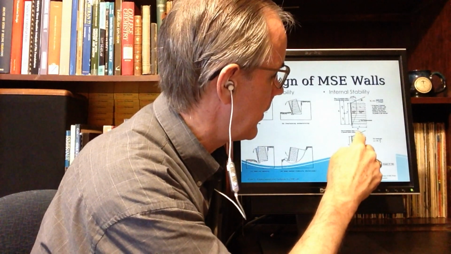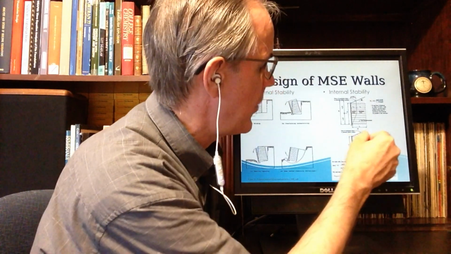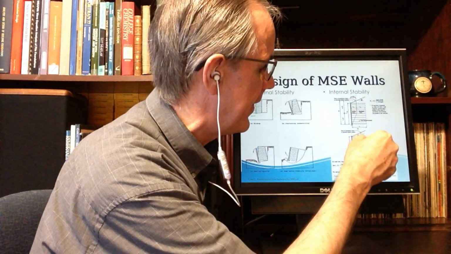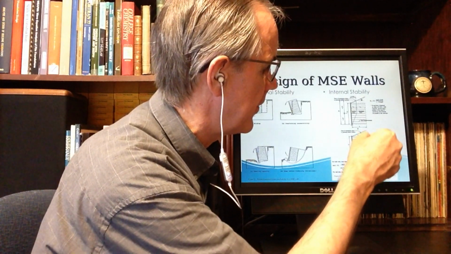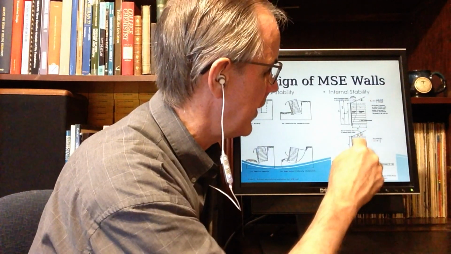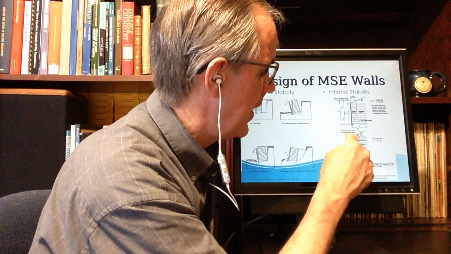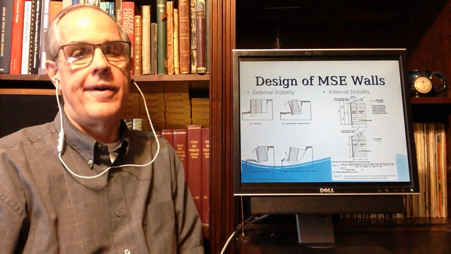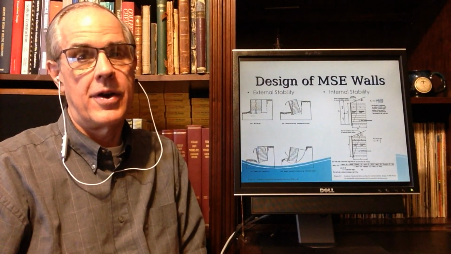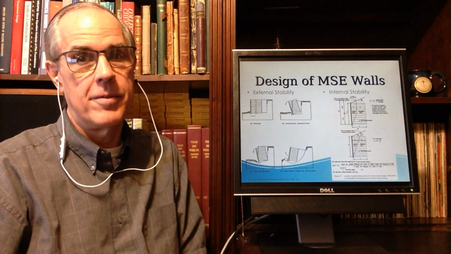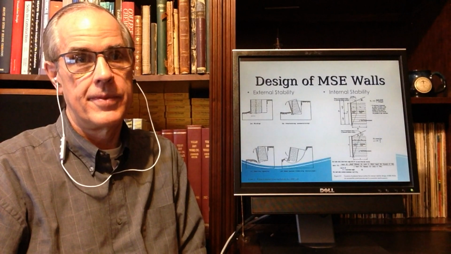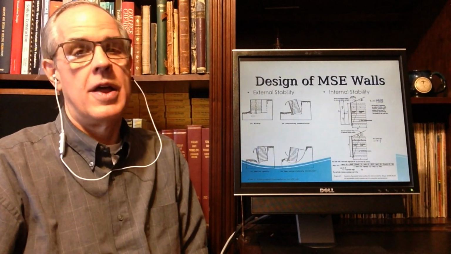And if we experience failure along this failure surface, if we get earth pressure failure, this mass of soil and this wall are going for a ride, and it's not going to be a very pleasant one if we have failure.